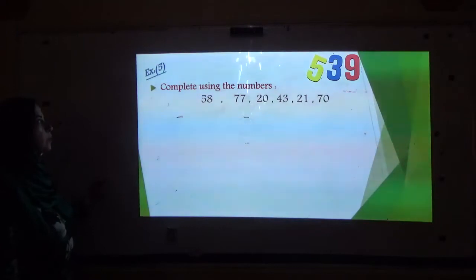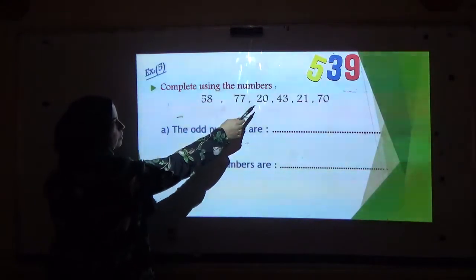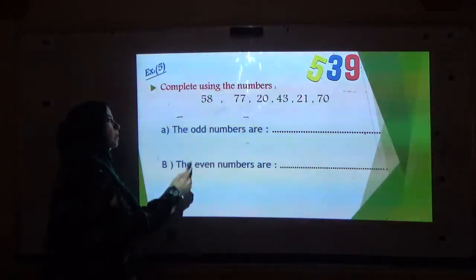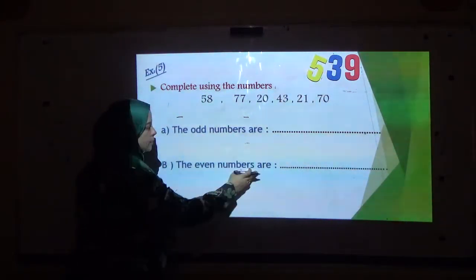Exercise 5. Complete using the numbers 58, 77, 20, 43, 21, 70. The odd numbers are, the even numbers are.